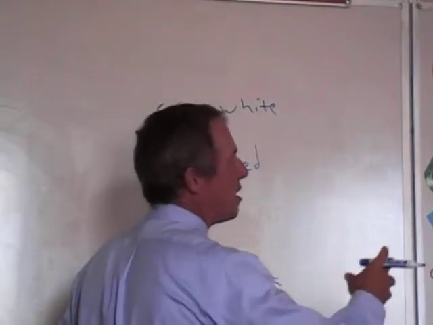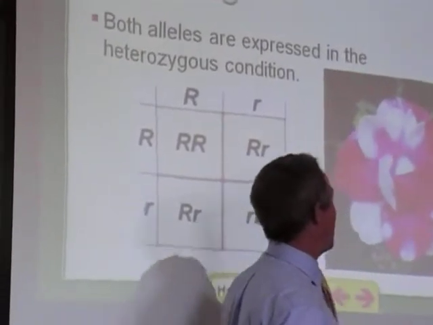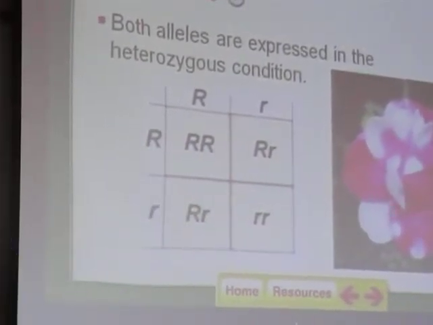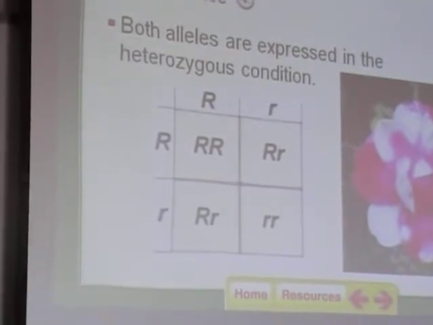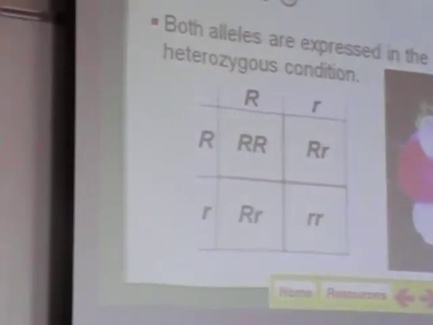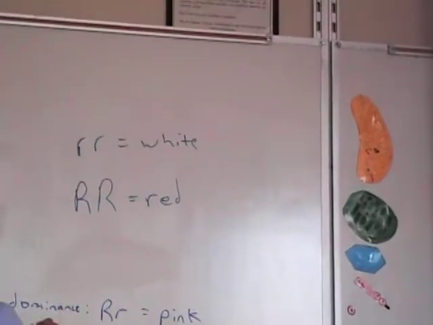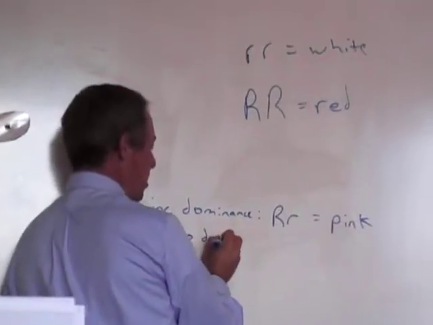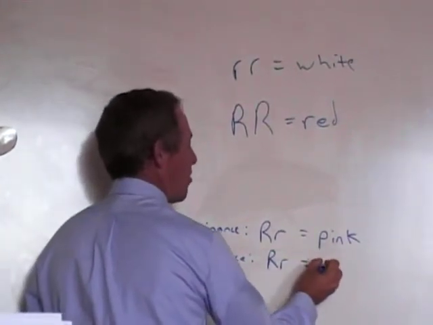You get each individual color standing out. So you get red and white. We call that codominance. So in incomplete dominance, big R, little r would be pink. Codominance, big R, little r is red and white.